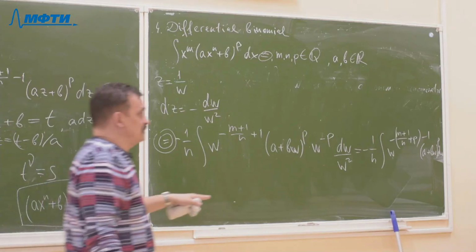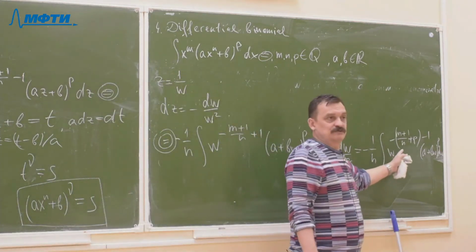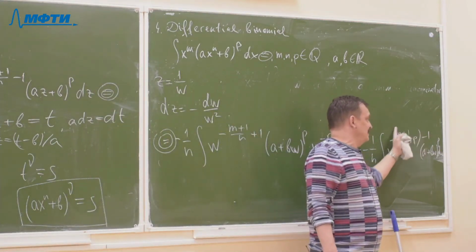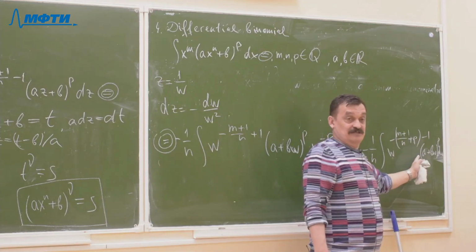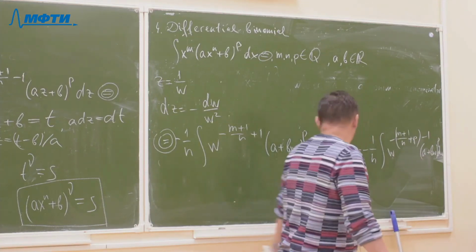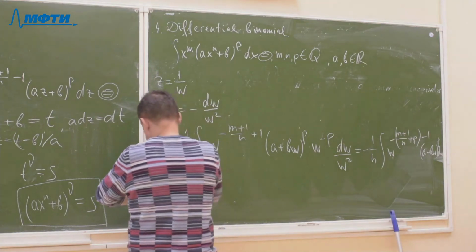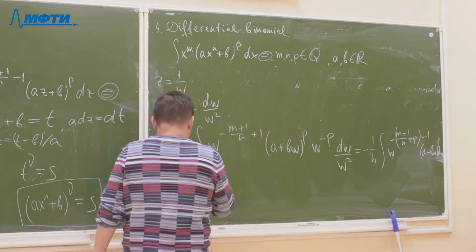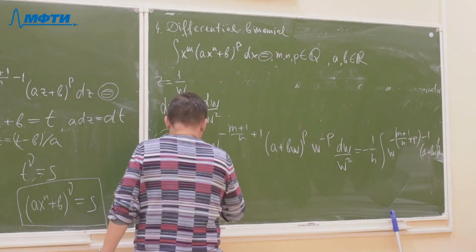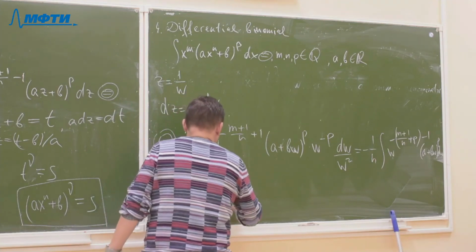So it means now we will be able to do it when this expression is an integer. And that is the third case. The third case: m plus 1 over n plus p is an integer.